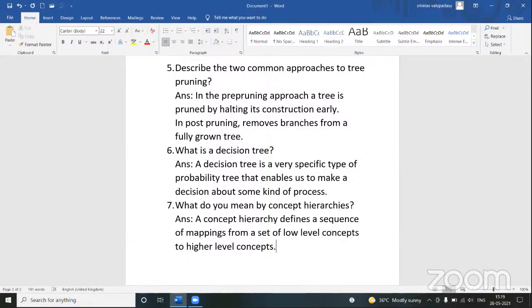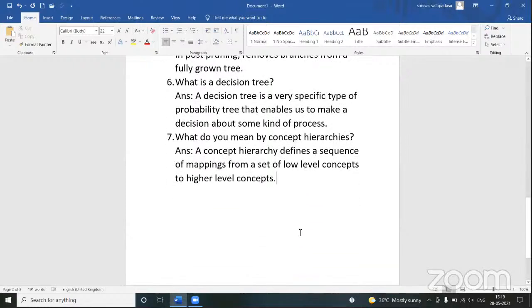Next question. Where are decision trees mainly used?